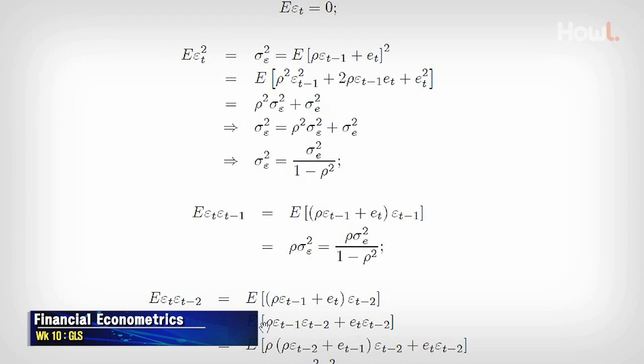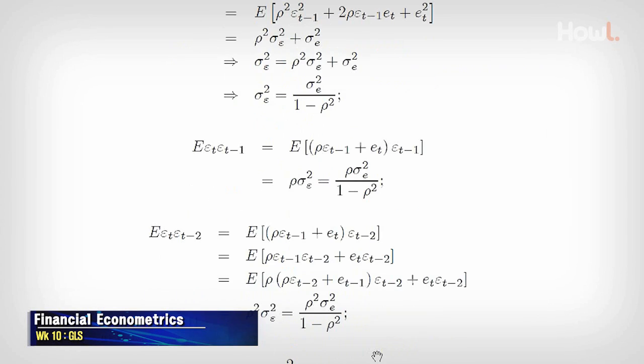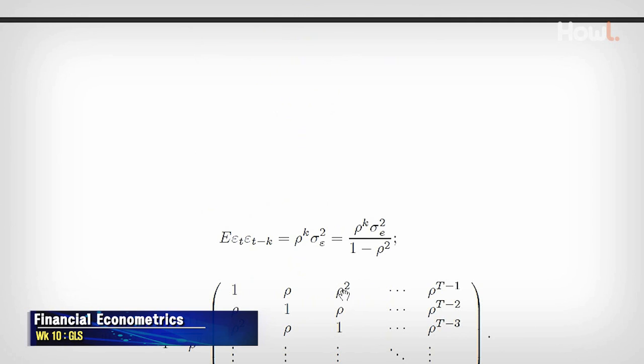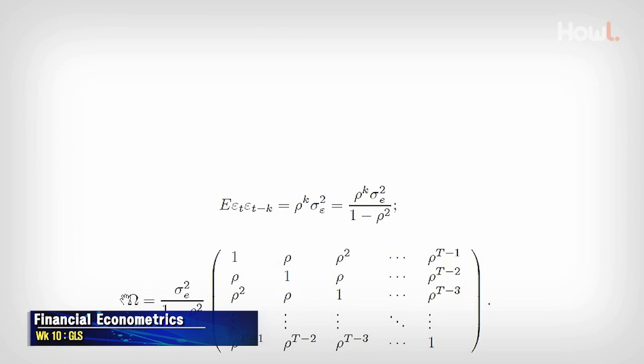We already know this part, so it is just rho multiplied by this part. So we have rho squared times the variance of white noise over 1 minus rho squared. Okay? And if we keep doing this iteration, then the covariance between epsilon t and epsilon t minus k looks like this. So basically we can characterize omega, and omega looks like this.